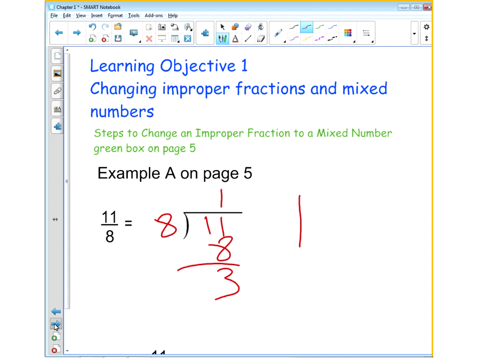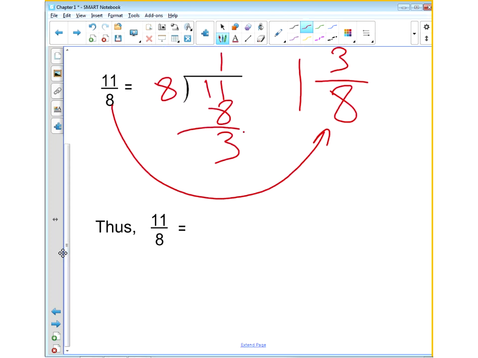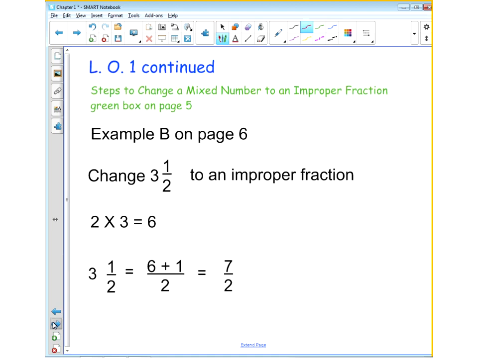And then step 3, the remainder is the numerator of the fraction. So the remainder of 3 becomes my numerator, and I keep the same denominator, 8, that I had before. So 11/8 is 1 3/8. All right, that's how to convert an improper fraction to a mixed number.